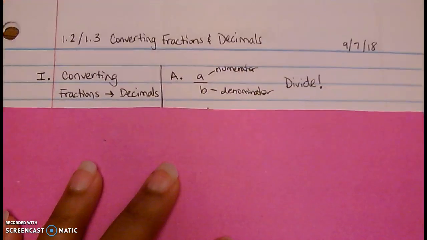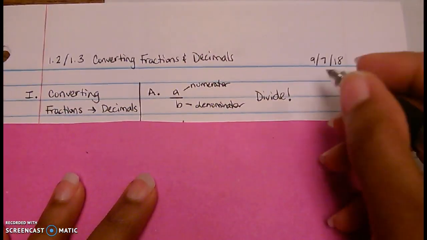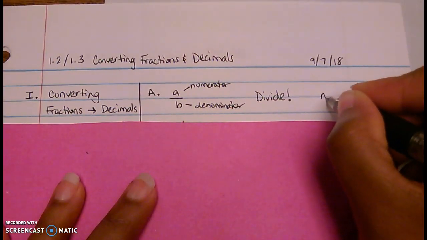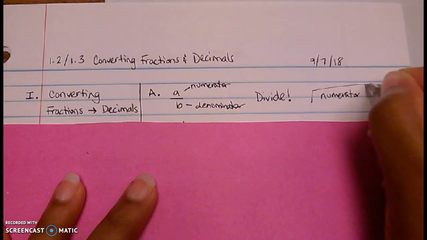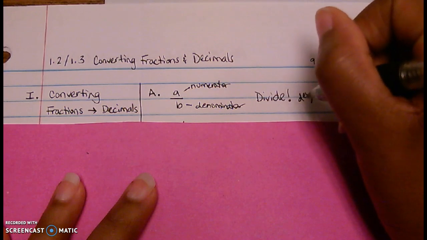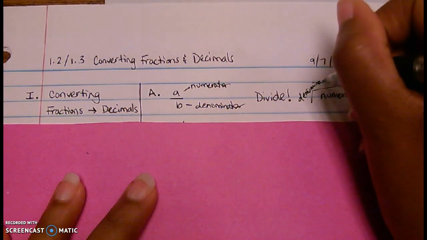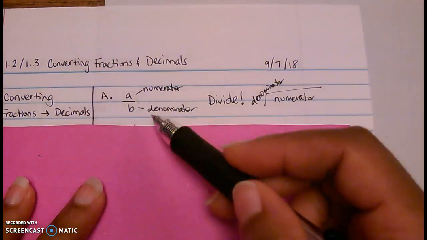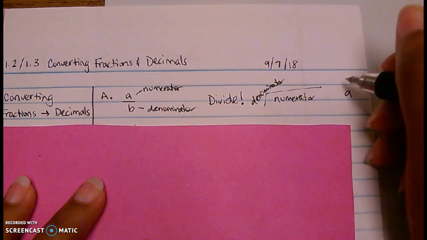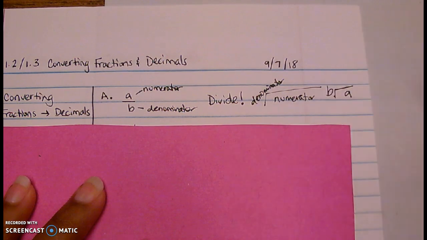How you set up your division problem will be like this: numerator divided by the denominator. Or, in terms of a over b, we could say a divided by b.